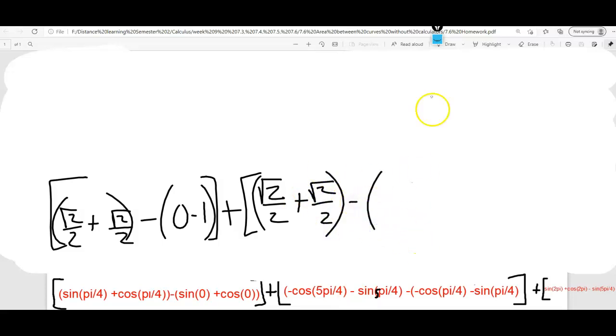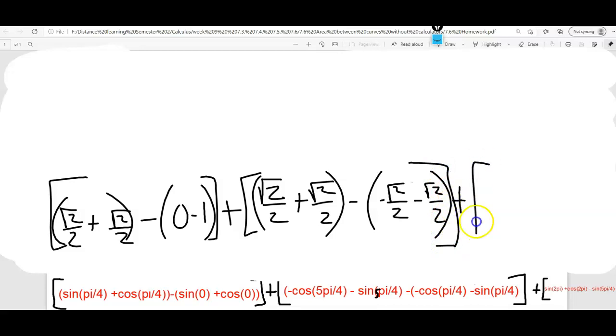Minus, and then here, cosine of pi over 4 is radical 2 over 2, but there's a negative in front, so now that's a negative radical 2 over 2. And same thing over here with the sine. There's that one.